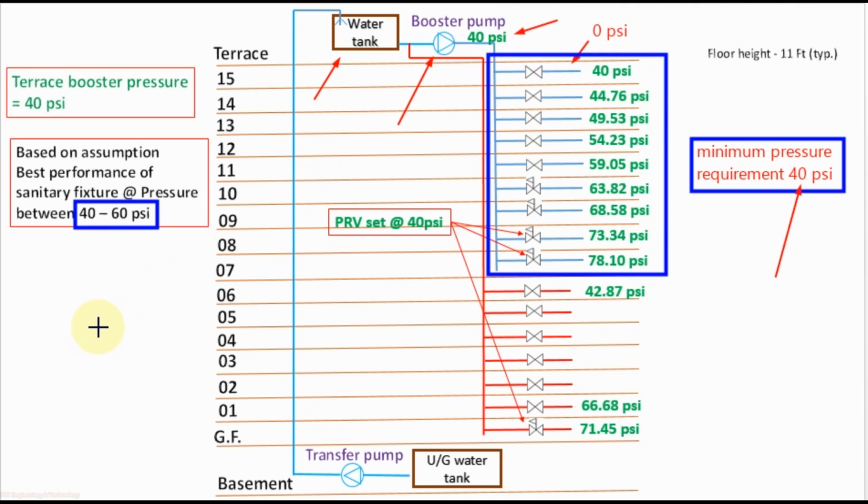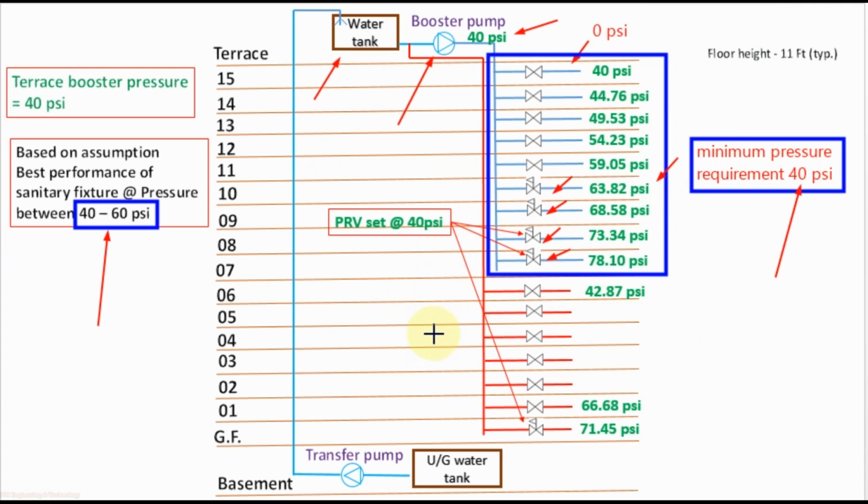As our pressure range is between 40 to 60 psi, for the floors that are fed by the booster pump, we will use PRV where we are getting pressure higher than 60 psi. So you can see for the lower 4 floors we are getting pressure greater than 60 psi. So we will use PRV here for these 4 floors, and we will set this PRV at 40 psi, that is our minimum pressure requirement.